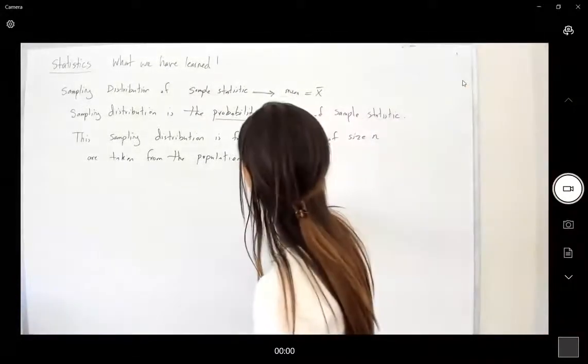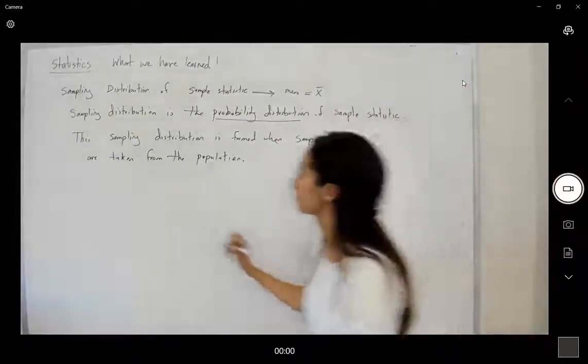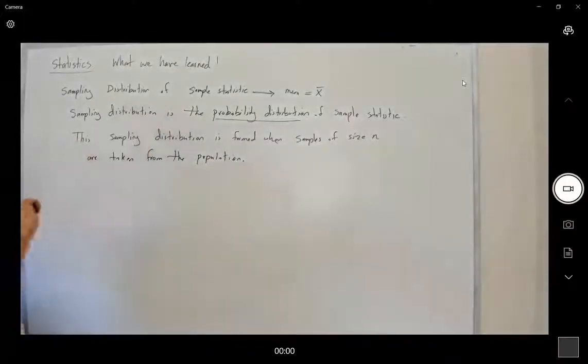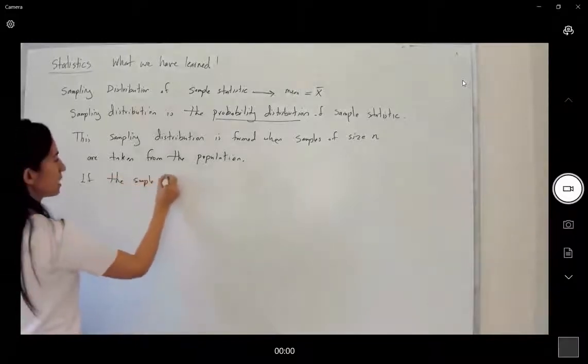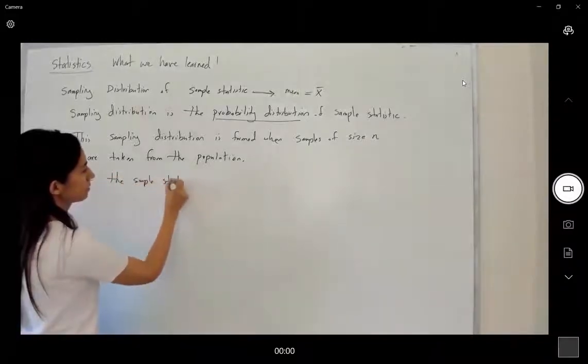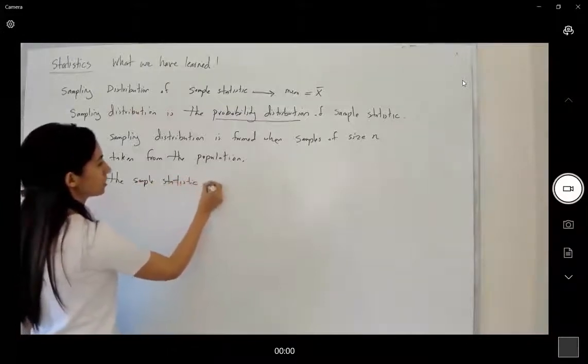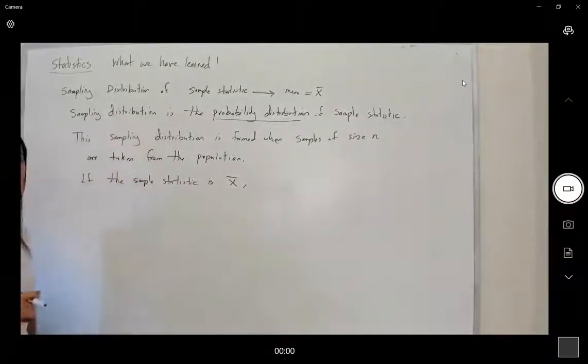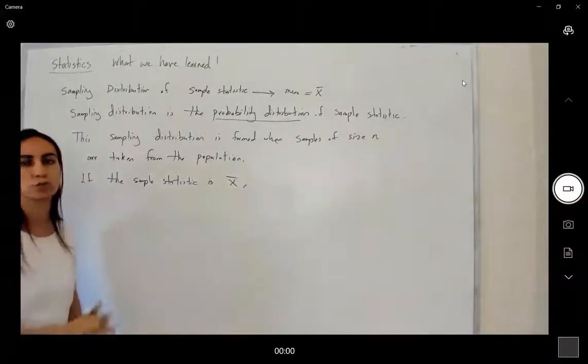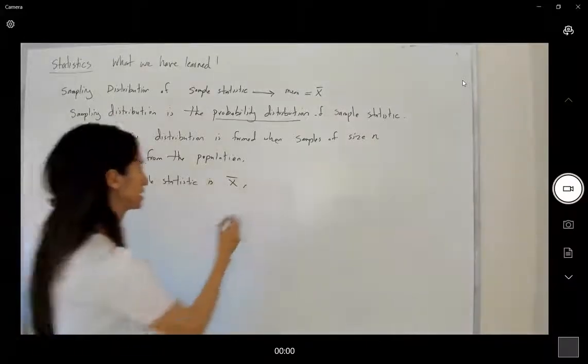Since our focus was on x bar, the mean of the sample, if the sample statistic is x bar, then this sampling distribution is called the sampling distribution of sample means.